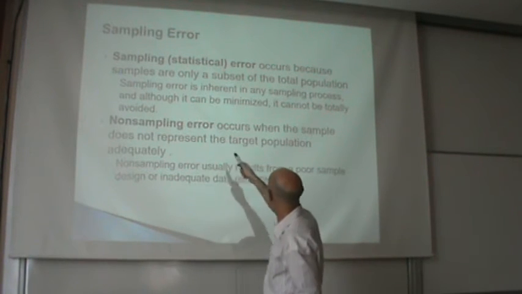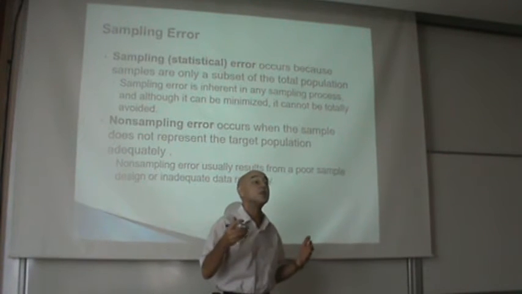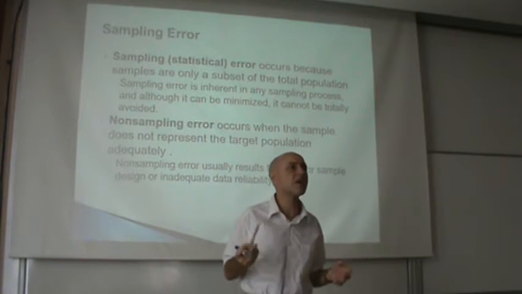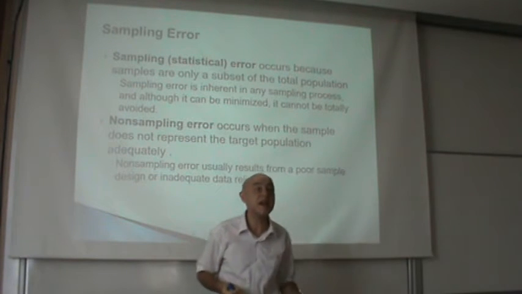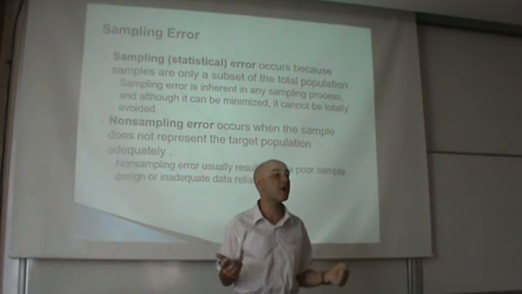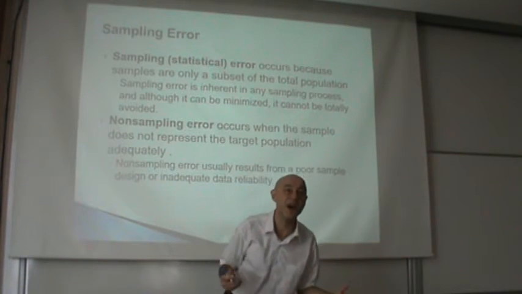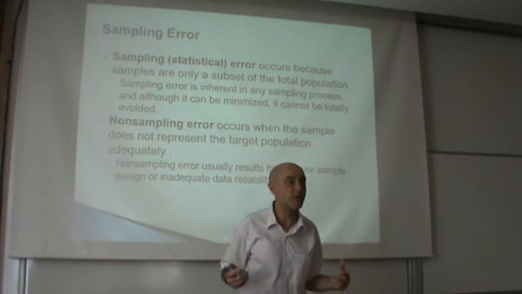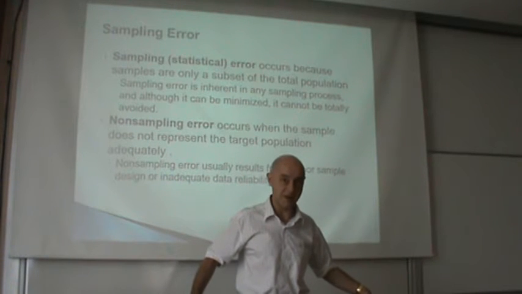Well, non-sampling error occurs when the sample is not representative. The example, let's say in America, will be, you try to measure obesity and you stand and interview people in front of McDonald's. Well, who are McDonald's people? People who love junk food. If they eat junk food, they're a lot more likely to be fat, okay?